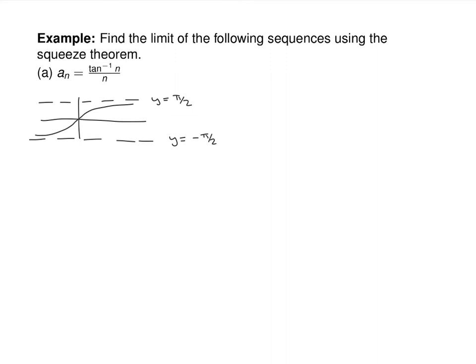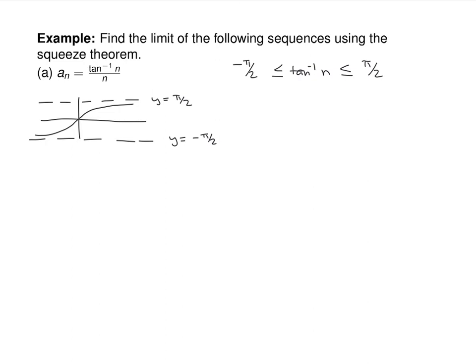And so what that means is that inverse tangent of n is less than or equal to pi over 2, but bigger than or equal to negative pi over 2. As in, it's stuck between those two things.